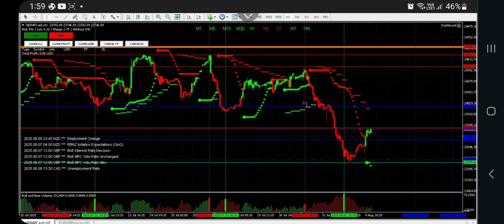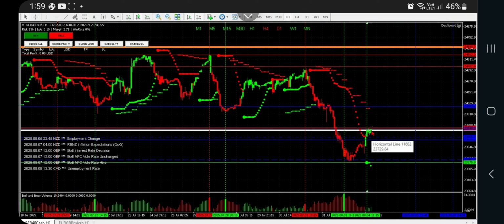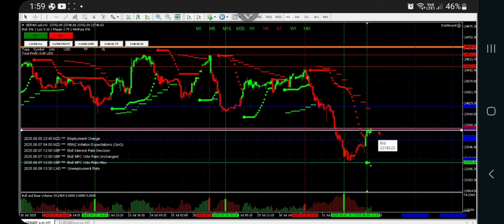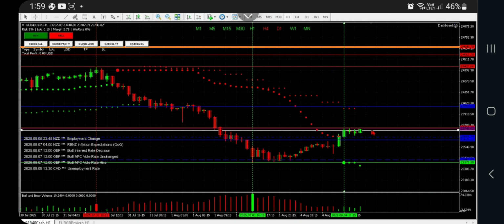It was a buy over here, so we would have gotten in for the buy there. We're not too far along, so let's say we entered here. Let me make it thinner so you guys can actually see.